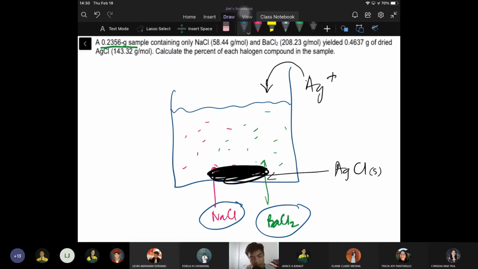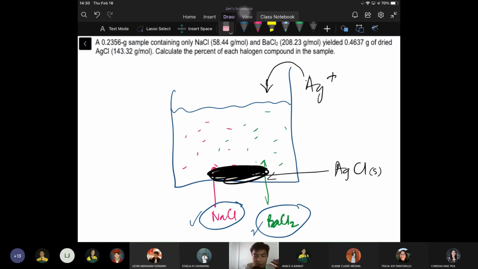And yung mass ng AgCl na yon, that is 0.4637 grams. From those info given to you, hanapin mo yung percent ng NaCl and ng barium chloride sa original sample mo na 0.2356 grams. Okay? So, tapos na tayo mag-visualize.